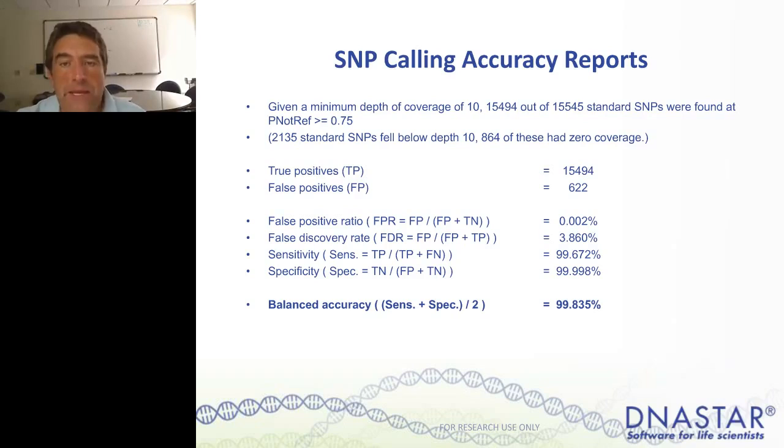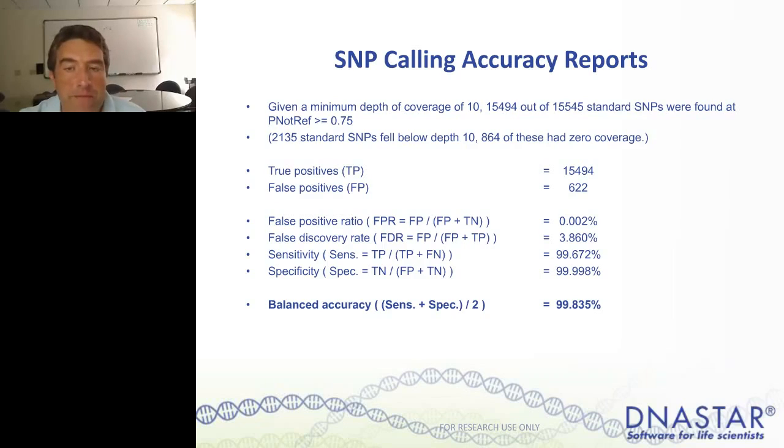But what does that mean exactly in terms of accuracy and how many false positives there were? That's what can be more difficult to calculate by hand. So our report automatically generates this information. It says the number of true positives detected was 15,494. There were 622 false positives.